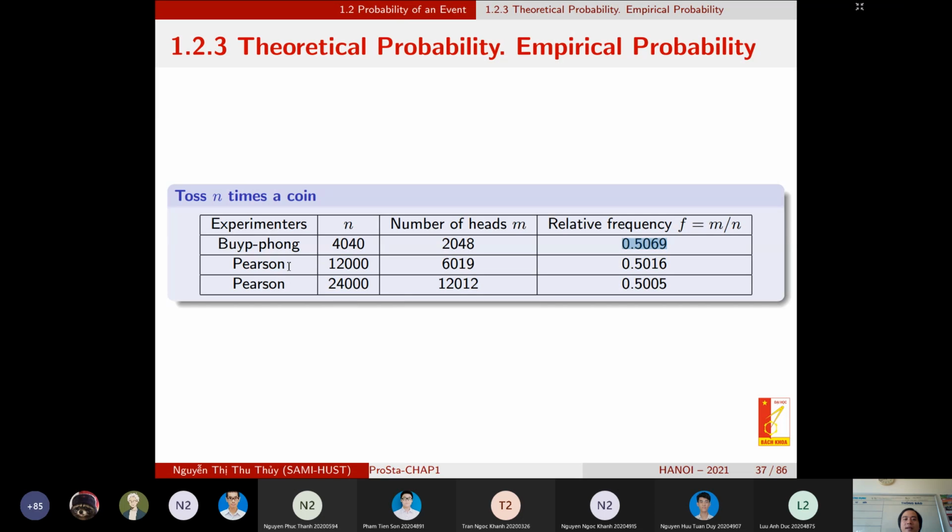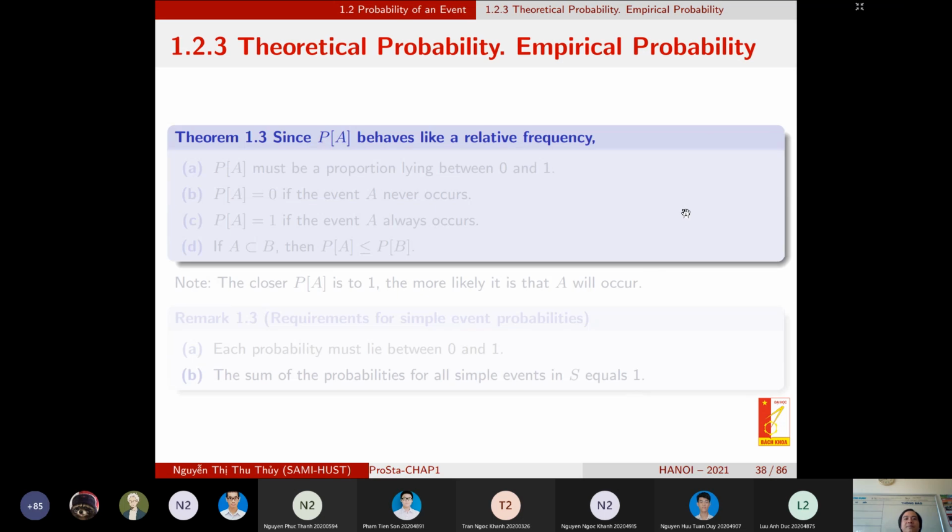Other mathematicians conducted many more experiments and got even closer to 0.5. We will see the law of large numbers saying that the more you conduct the experiment, the closer the relative frequency gets to the theoretical number.